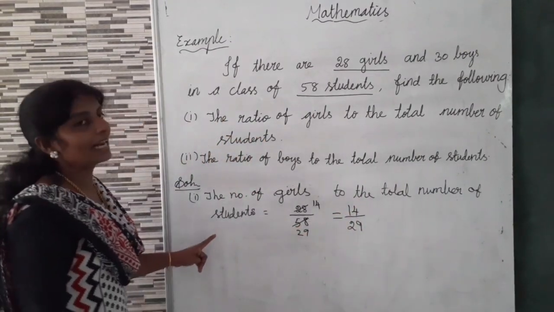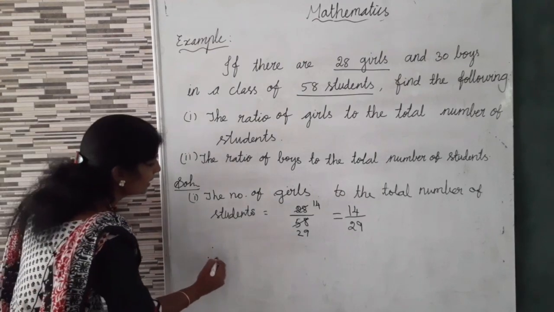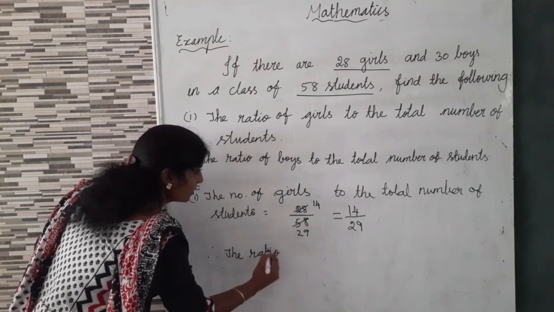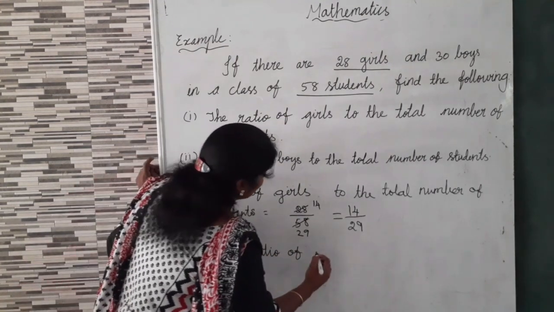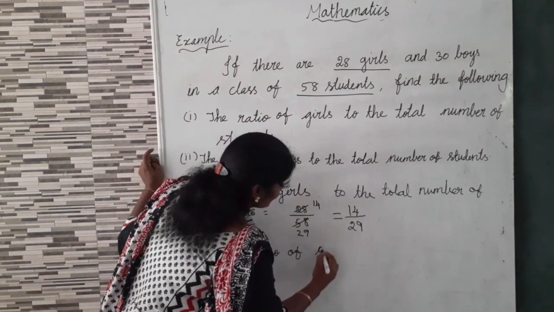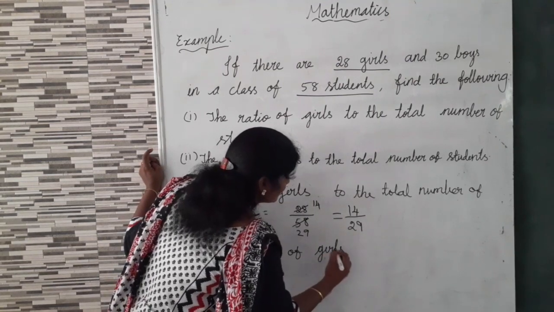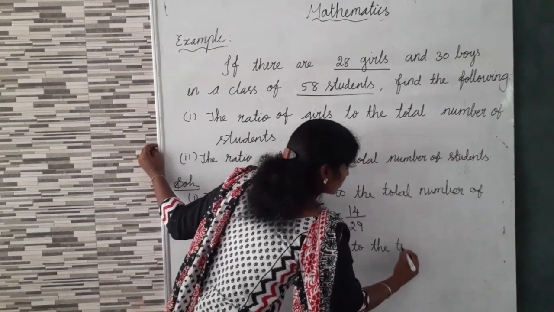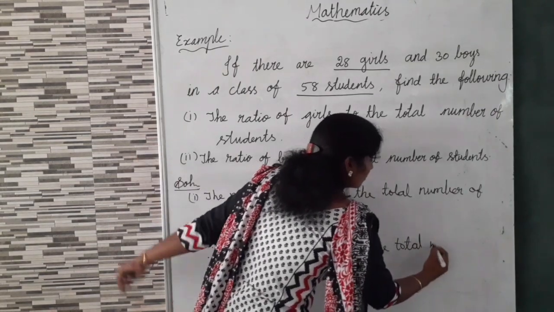Now we can write in ratio form. Therefore, the ratio of girls to the total number of students.